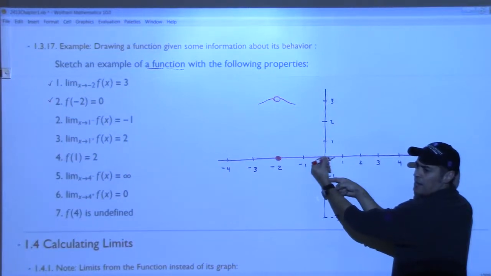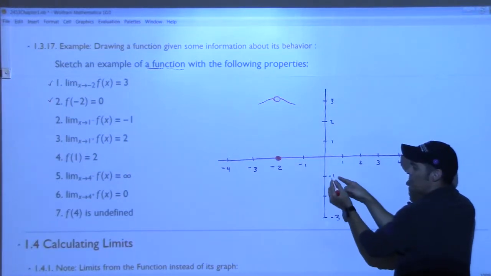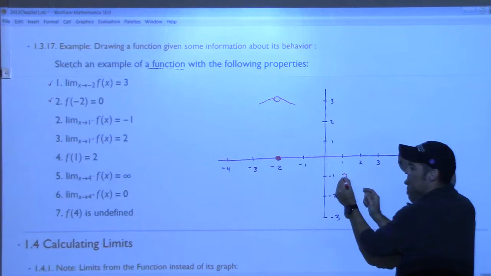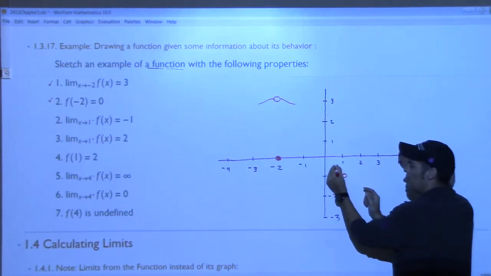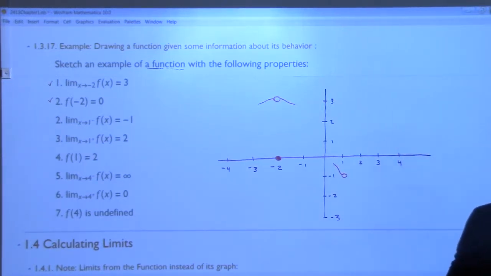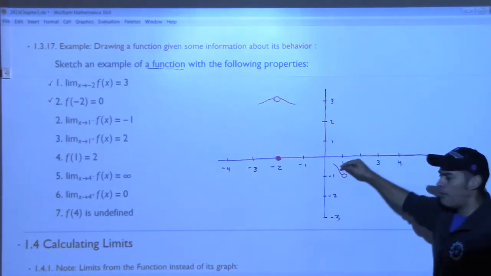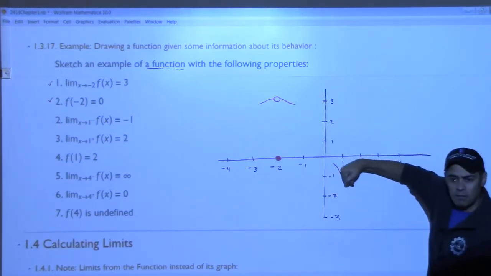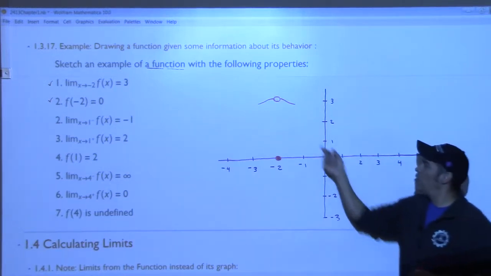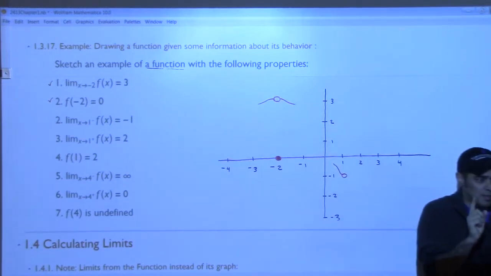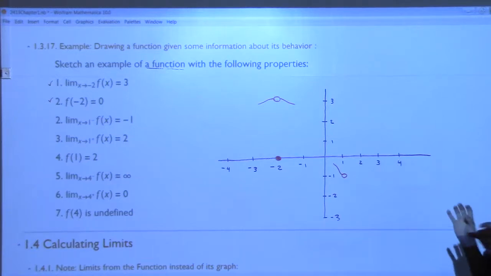So from this side, my function should be approaching this value. So I'm going to put an open circle, and how about I just put a little tail like that? Would that satisfy that condition? So we approach 1 from the left, our function is approaching -1. I'm going to have to put all these things together. I'm just using the information to draw little snippets of what my function's doing.